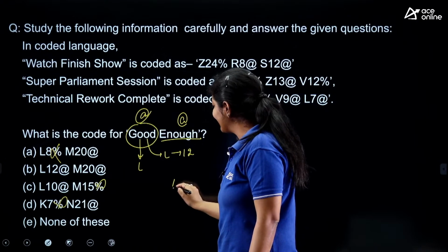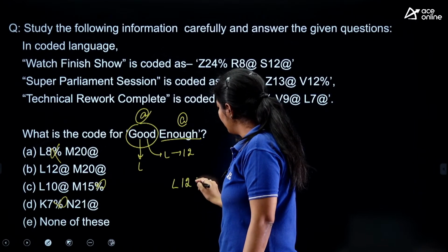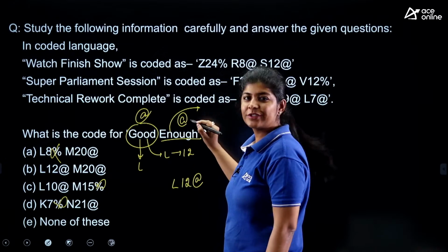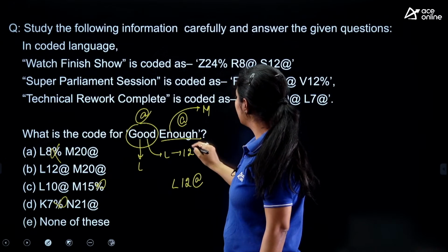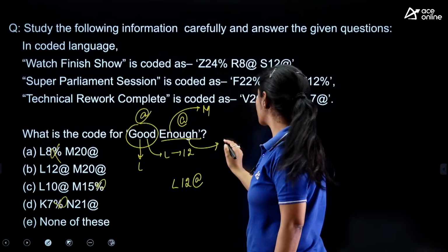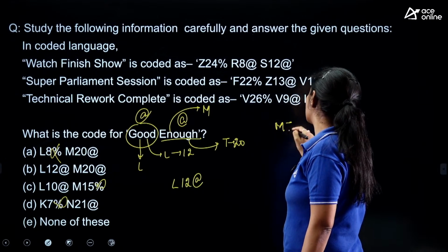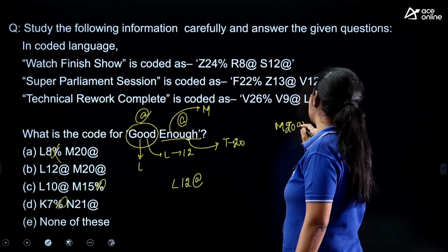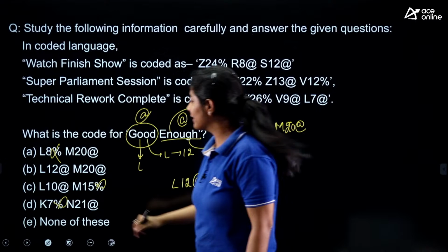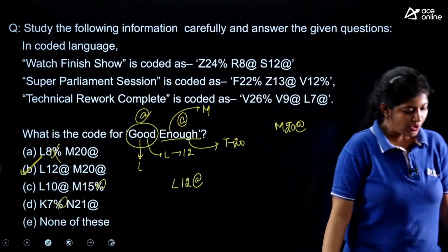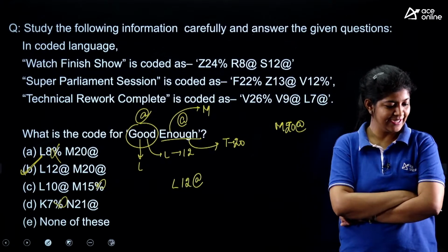So for good I need L12@, right? Here the opposite pair is M. Here GT, that means 20, right? So I need M20@. Do we have that? Yes, that means option B is the correct one.